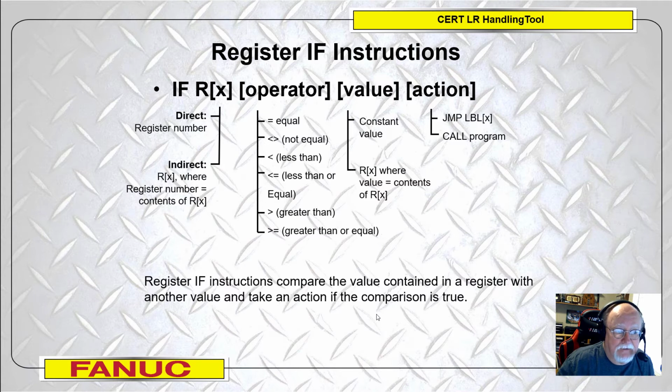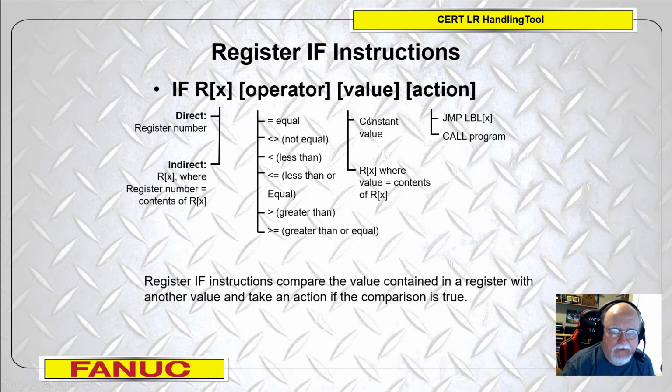Here again is another kind of confusing slide, but it does define what each of these areas of the program code mean. So there's where you set direct or indirect, and the operator is the arithmetic or the equal to, not equal, less than, greater than, and so on and so forth.